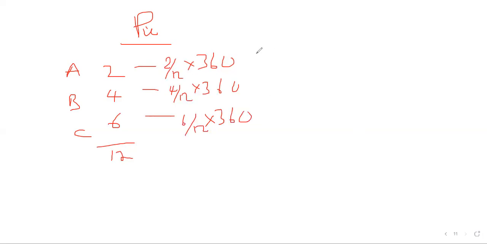Here we're going to get 180 degrees. Then the 4 will give us 120 degrees, that is 4 times 360 divided by 12.